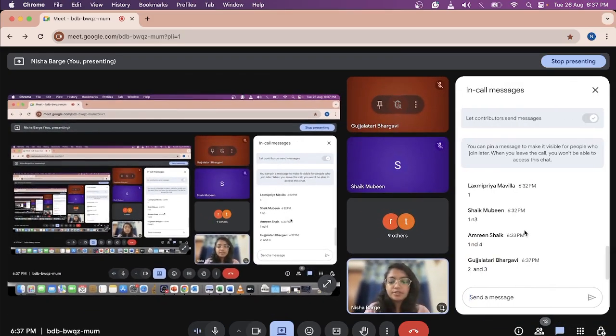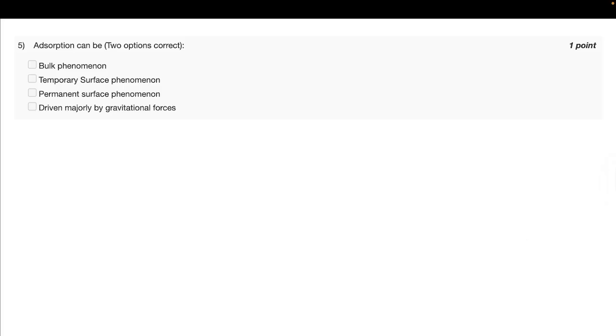Okay, somebody is saying 2 and 3. Temporary surface phenomenon as well as permanent surface phenomenon. Okay, thank you for answering. Anyone else has a different opinion other than options 2 and 3? Thank you for people responding in the chat box.